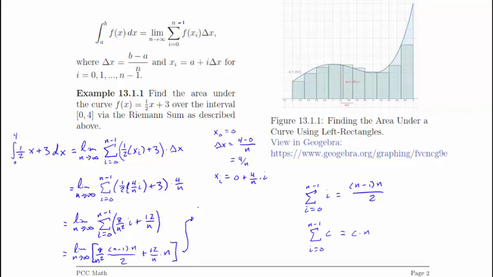I think I can do this in just a couple more lines here. This is the limit as n goes to infinity of, well, let's write this out.